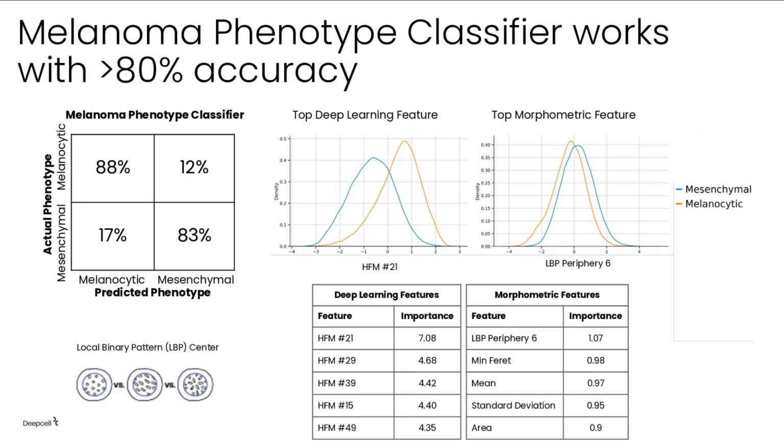That refers to the local binary pattern, which gives us an indication of the granularity of the cells. It shows how the granules in the cells are organized, which is recognized by this feature.